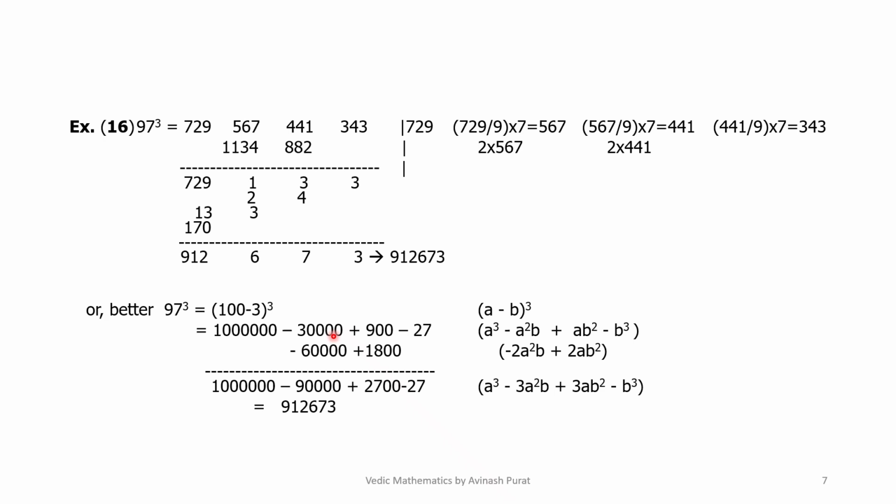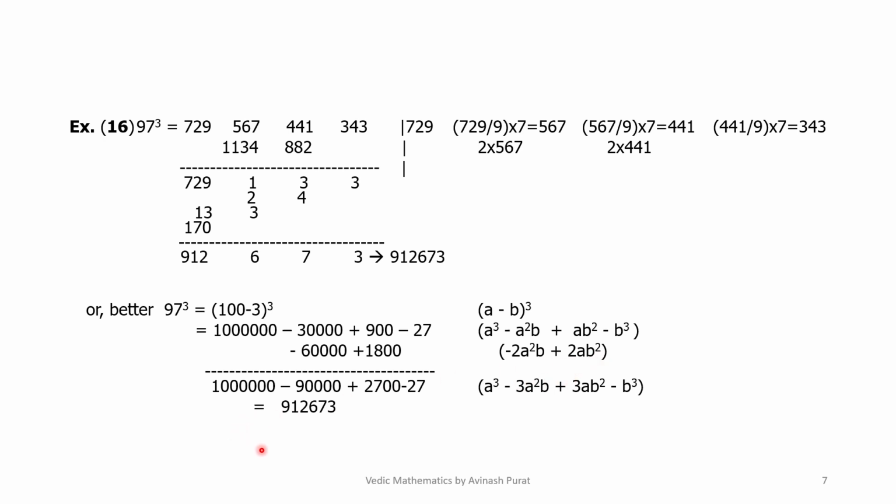Now 30,000 multiplied by 2 is 60,000, that is minus 2a square b, and 900 multiplied by 2 is 1800, that is 2ab square.